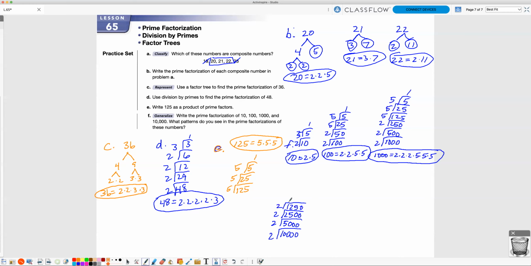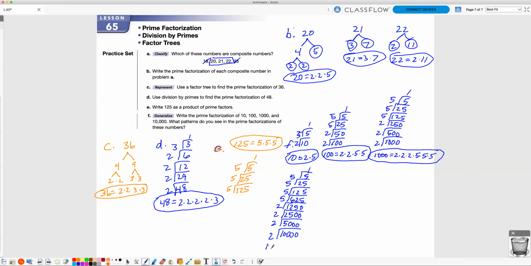This is also divisible by 2, which would be 625. 625 is not divisible by 2, but it is divisible by 5, which would get me to 125. 125 divided by 5 works. That would be 25. And this one is divisible by 5. And 5 is divisible by 5.